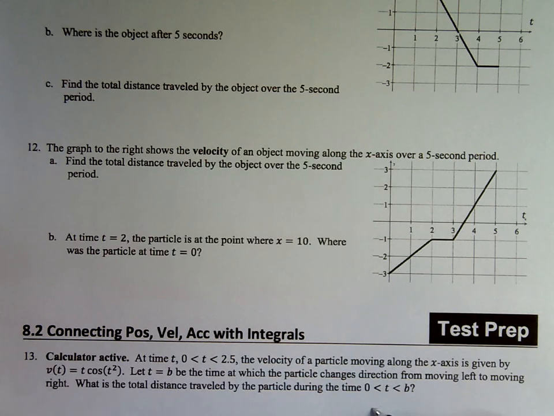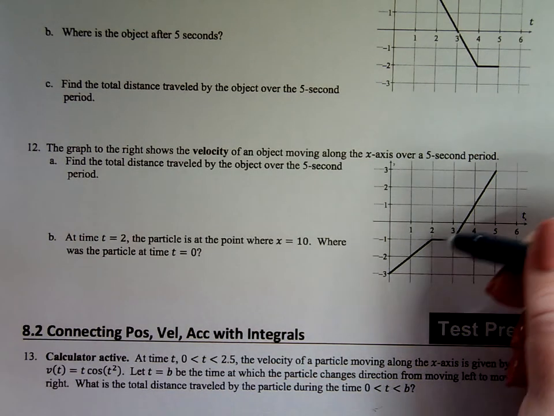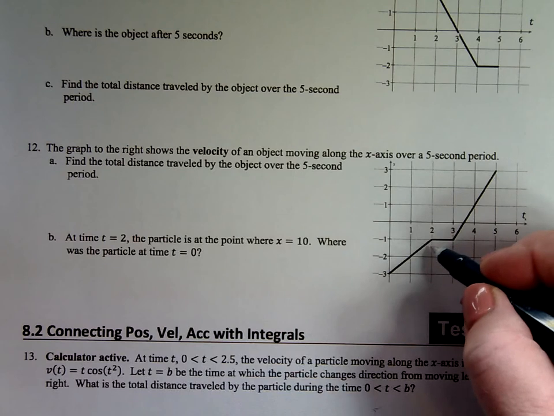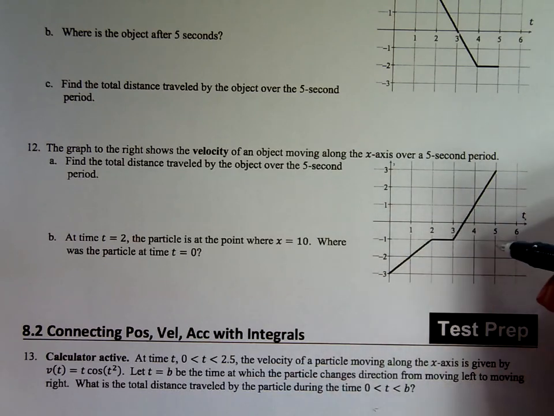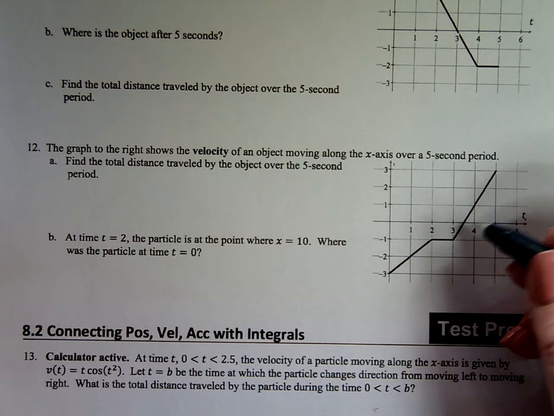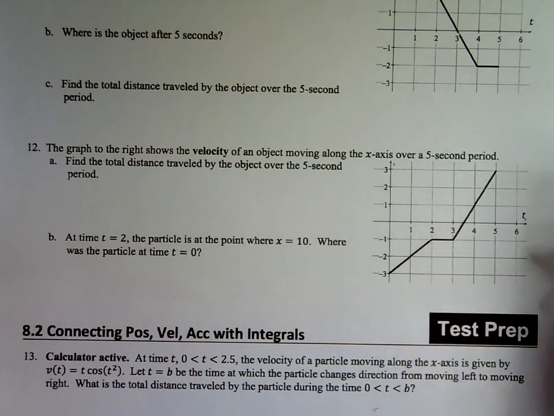Did they give you an equation this time? And they did not. And so this goes back to stuff that you learned previously with geometry. If I want to know the total distance, I take anything that's below, the area between the curve and the x-axis, and I take the absolute value of the pieces that are below and add it with the pieces above. So that's what I'm going to do with this one.